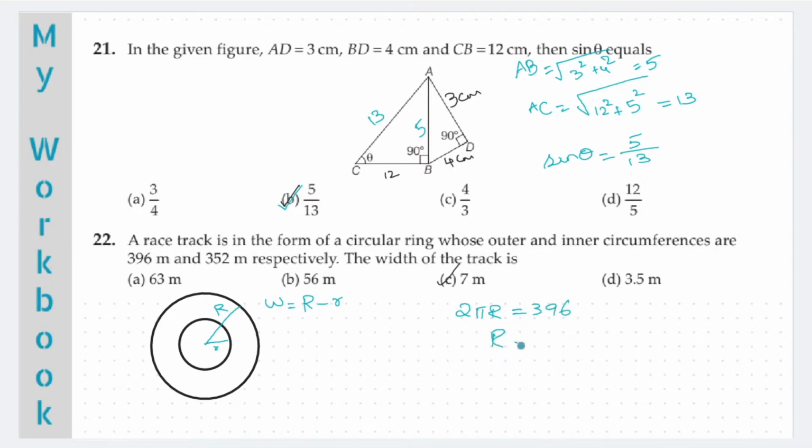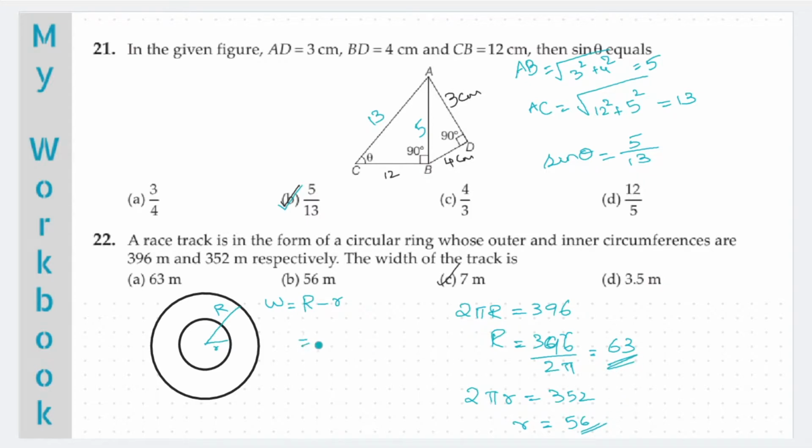Solving this, we will get R as 396 by 2 pi, and it will be 63. In a similar manner, for the smaller circle, the circumference 2 pi r is equal to 352. So r we will get as 56.